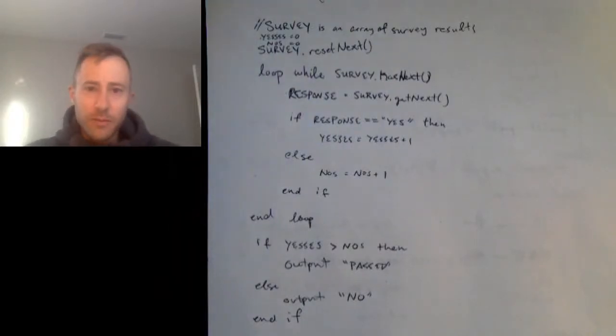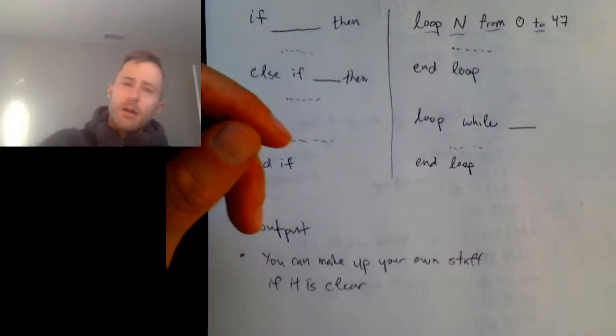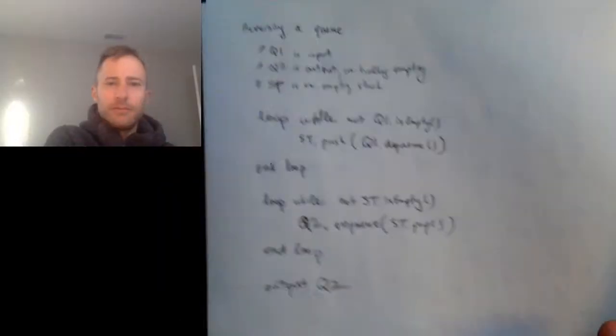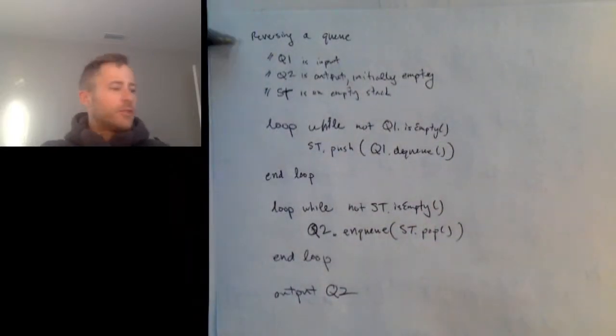So that's an example of writing an algorithm in pseudocode. Let me do one more. Here's another one I wrote. This is a queue, and it's going to reverse the queue.